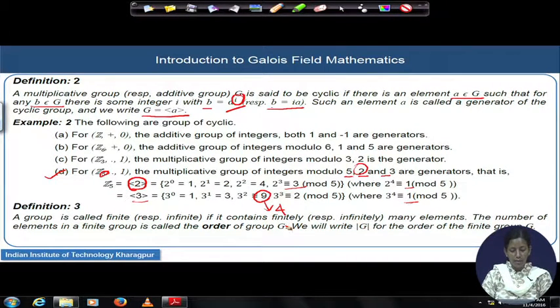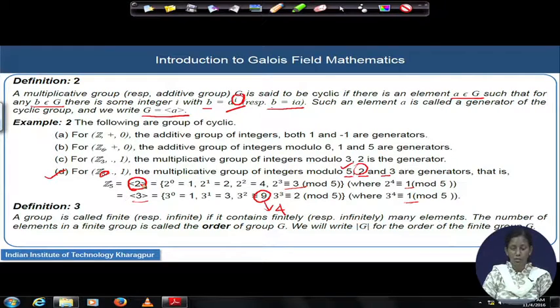I have not shown the calculation for the number 5, but please do it on your own. You will see that again you will generate all the elements 1, 2, 3, 4 within this whole operation. So we can declare that with respect to these generators, this is a cyclic group.